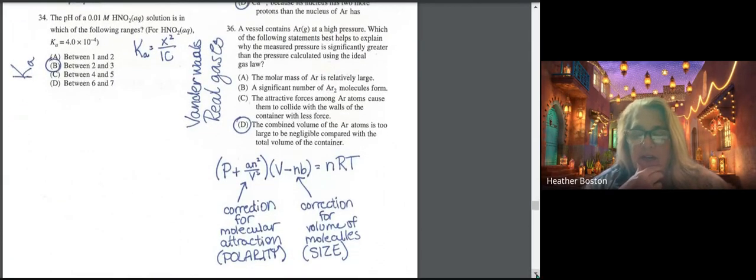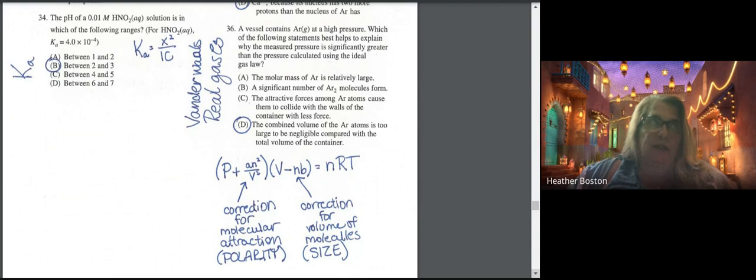So 36 is a van der Waals real gases. So that's a van der Waals equation. Real gases and ideal gases can be differentiated by the current situation or the current variables around.